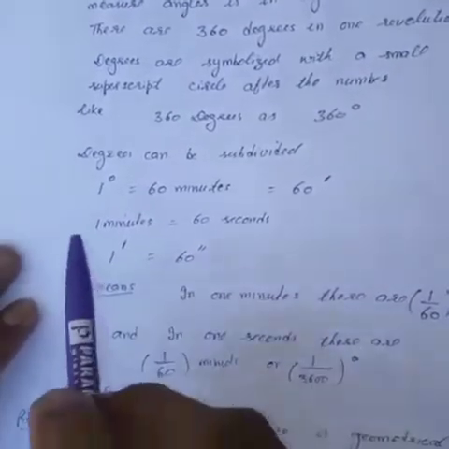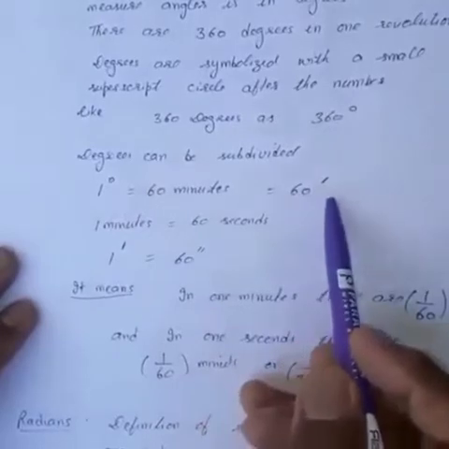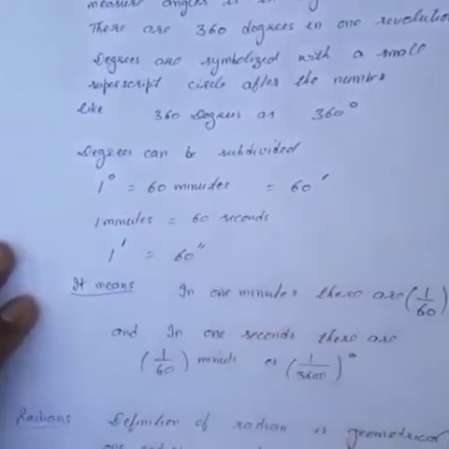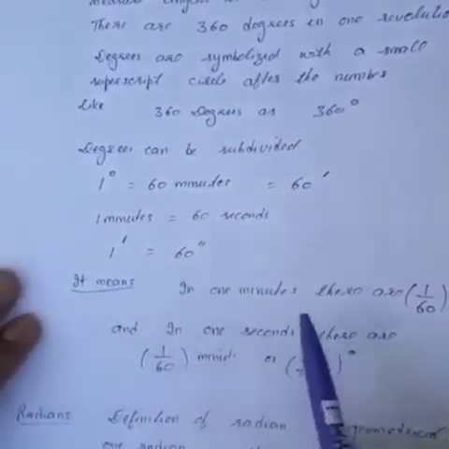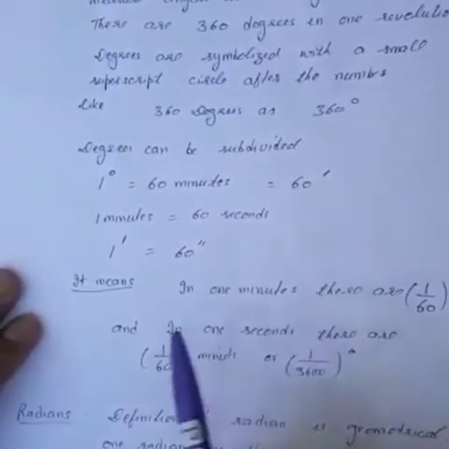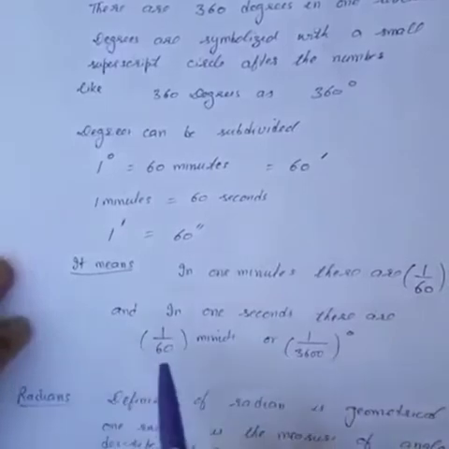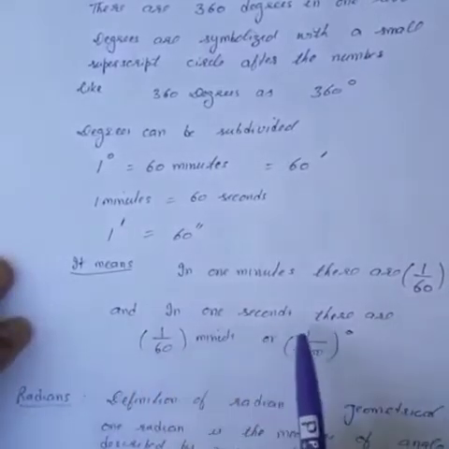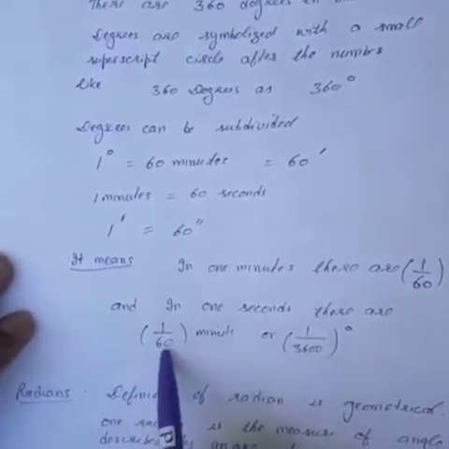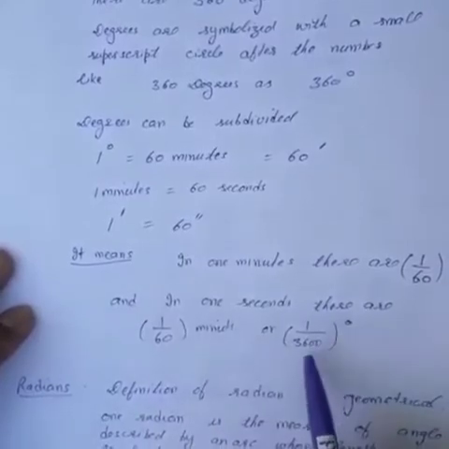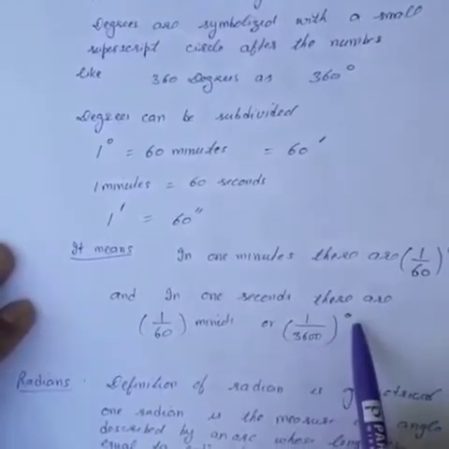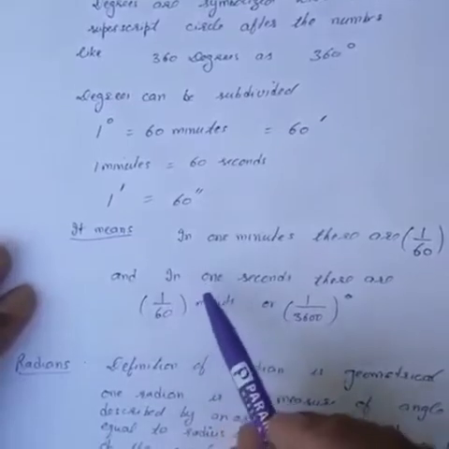So it means 1 degree is equal to 60 minutes and 1 minute is equal to 60 seconds. Now in 1 minute there are 1/60 degrees. Similarly in 1 second there are 1/60 minutes or 1/3600 degrees. We can convert in this way.